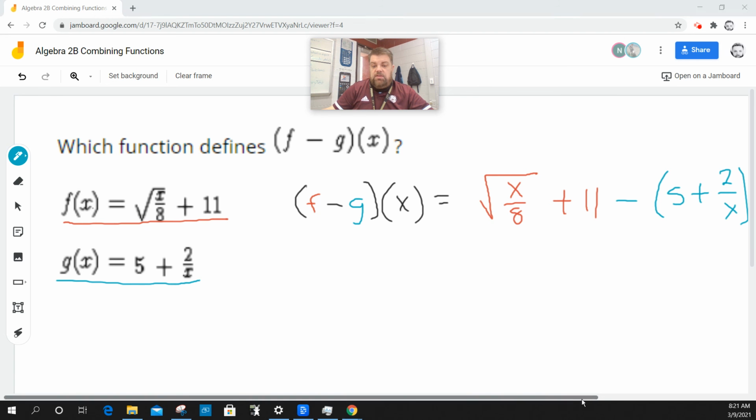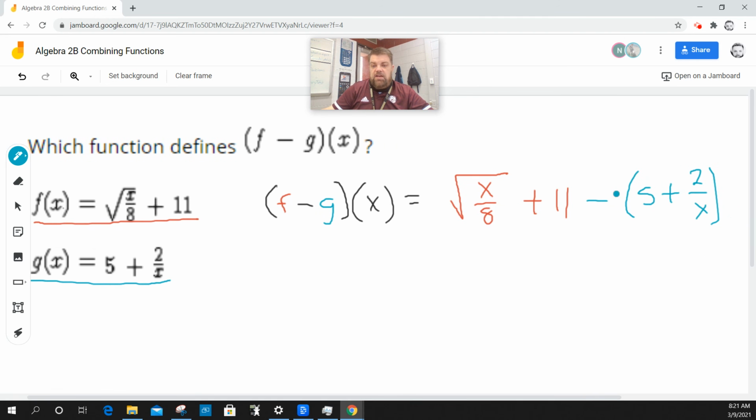Okay? So now I've got to pretend that this is a negative 1 and distribute that through the parentheses. So this becomes negative 5 minus 2 over x.